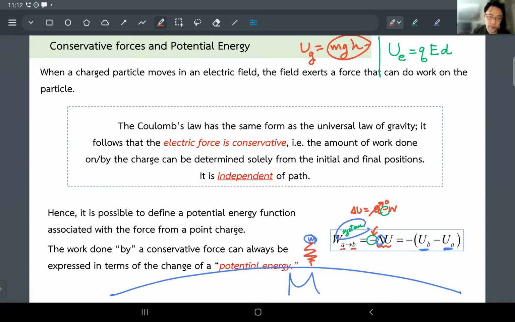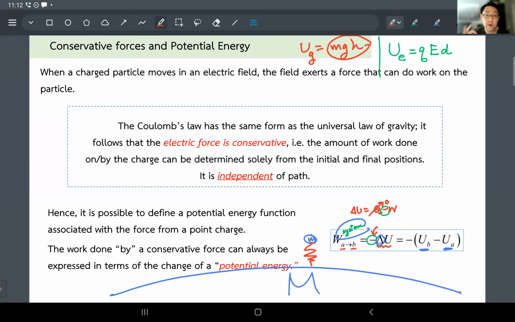So one conclusion you can get over here is that when you go along the field, you are going in the direction that lowers your energy. And whenever you go up against the field, that's when you increase your potential energy. That's my take on this.